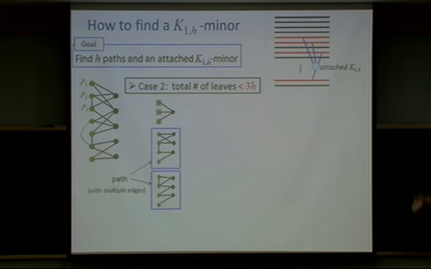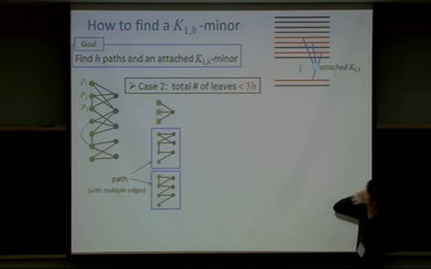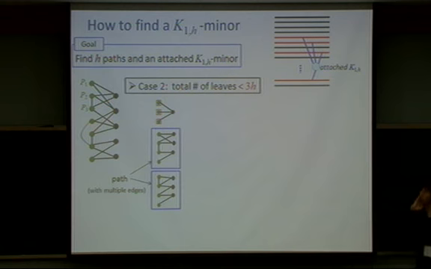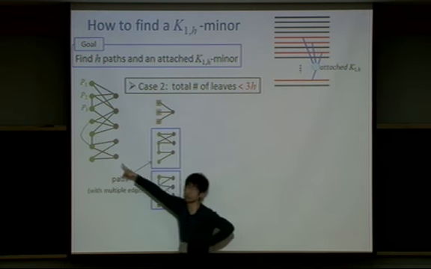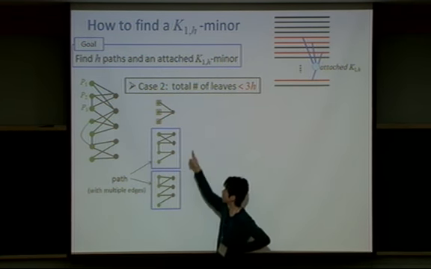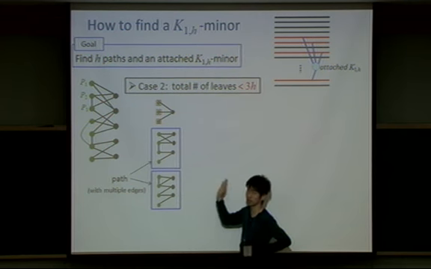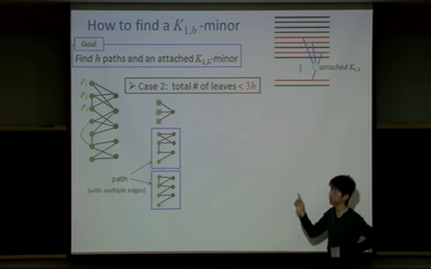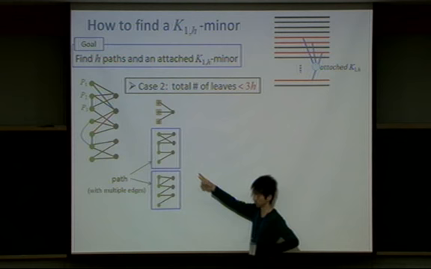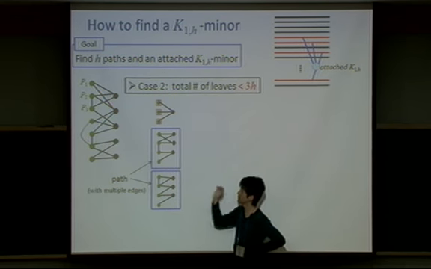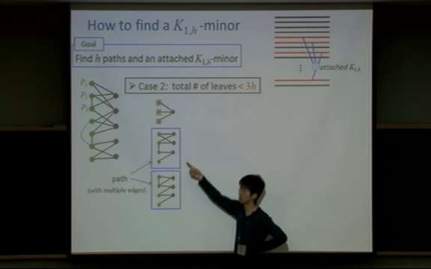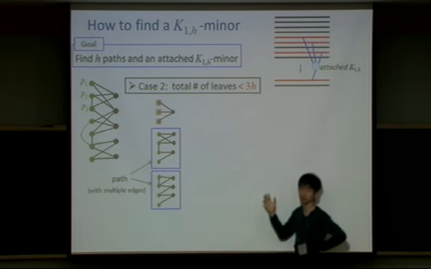So the second case is the following. In this case, we have only a small number of leaves. Since the original graph has many horizontal paths, we have a large remaining part. So in this case, we cannot find a star minor here. This means that these components form a path.